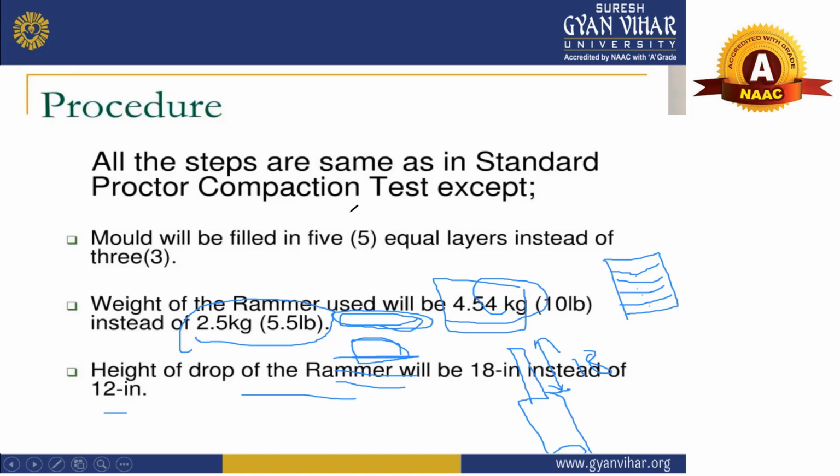If you don't remember it, you will get confused. You will answer 2.5 kg rammer, but as you can see here, it is mentioned that the weight of the rammer will be 4.5 kg instead of 2.5 kg, and the height of drop of the rammer will be 18 inch instead of 12 inch.